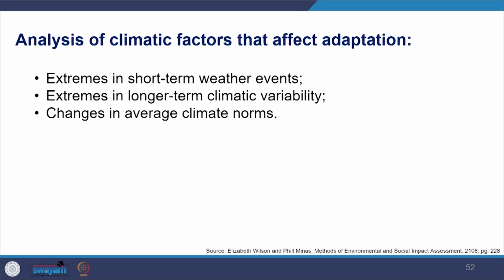Further, we see changes in average climate norms resulting in sea level rise, increases in freezing and thawing, average ambient temperature, and all those have to be taken care of. For certain specific long-lasting projects like road projects and pipeline projects, it is advisable to use scenarios.